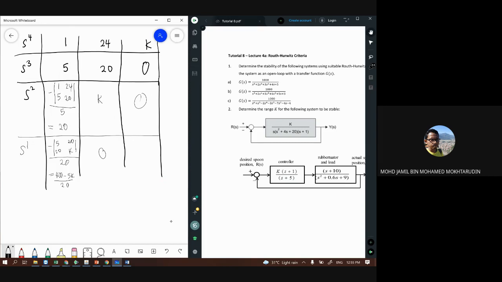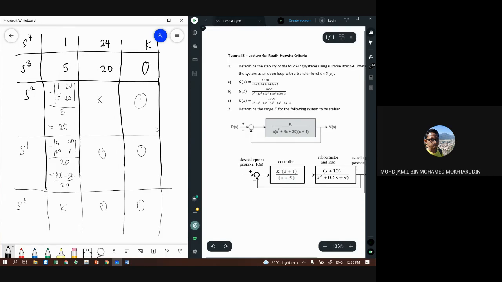And then this is 0. And then the last row. So you get K and 0.